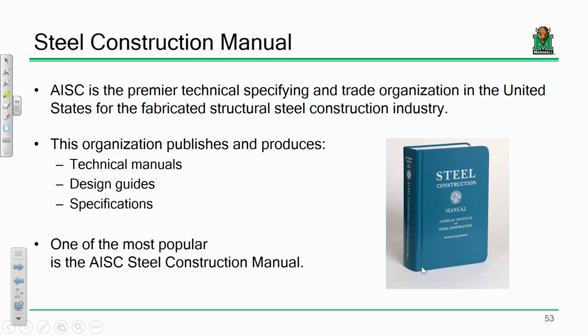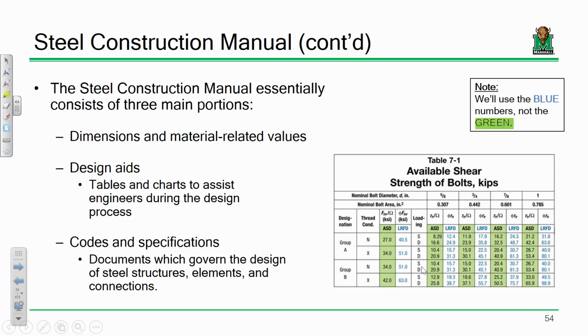But by and large, their biggest service is the production of technical resources for people like us, like technical manuals, design guides, and specs like this. And this is arguably the most popular design guide that they produce, the Steel Construction Manual. If you look at this thing, it has oodles and oodles of different sections. I kind of think of it in 3 main portions, okay?